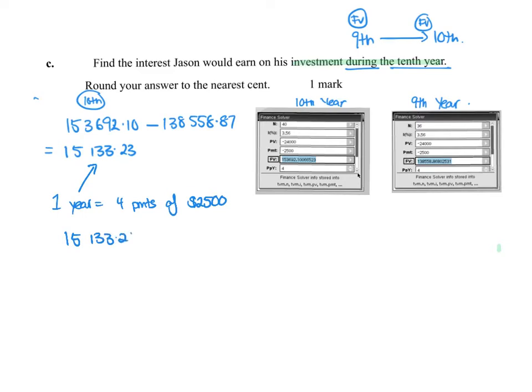So it's the change in the value, but we've got to minus those 4 payments, which would be $10,000, because 4 times 2,500. So you end up with 5,133.23. That's how much interest he has earned in the 10th year.